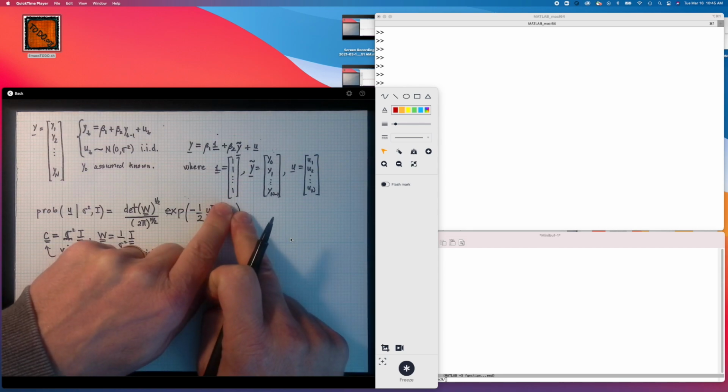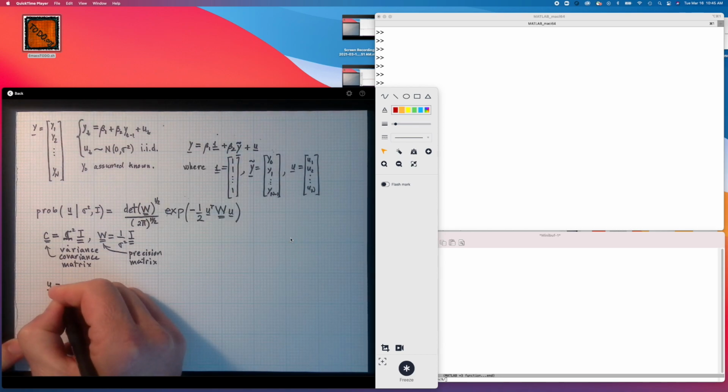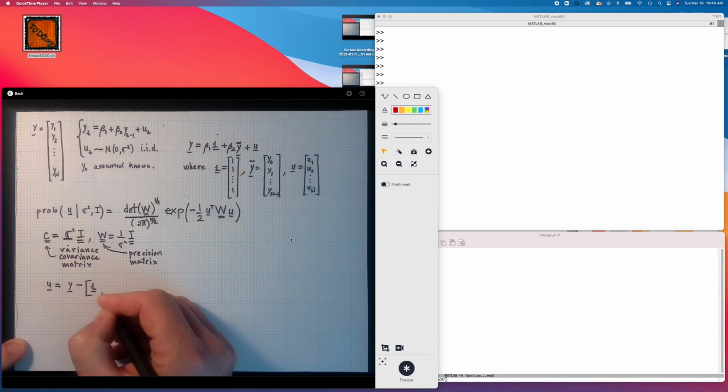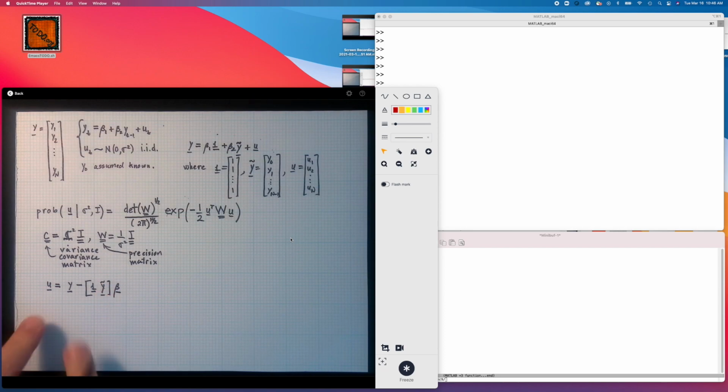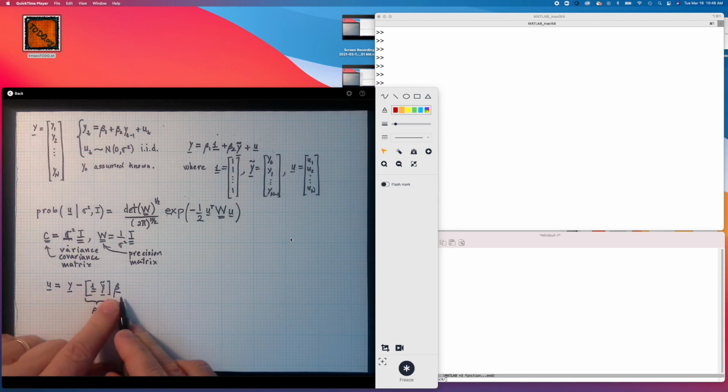From this, we can write down the likelihood function, because from this expression, we know that u, where I've rewritten it in matrix form here, is equal to y minus this matrix here, which I'm going to call matrix A, the design matrix in this case, multiplied by a vector beta of parameters.